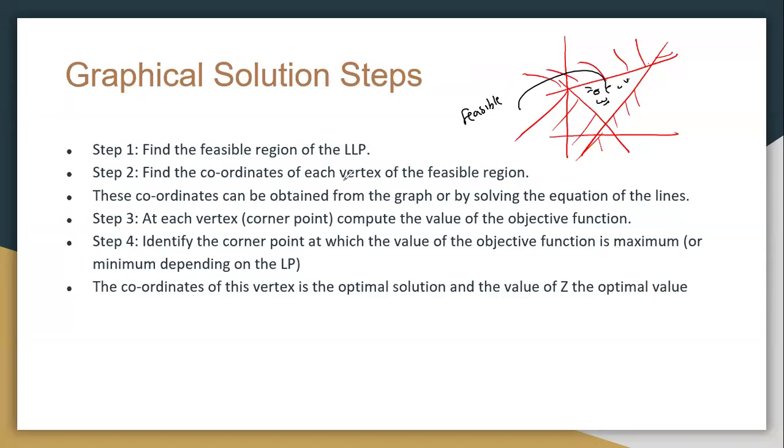Then we have what we call the vertex. Vertices, in simple terms, are like the corners. When you look at the shapes we always remain with, it can be a triangle, a rectangle, a quadrilateral, or something like a pentagon. It can be any shape.